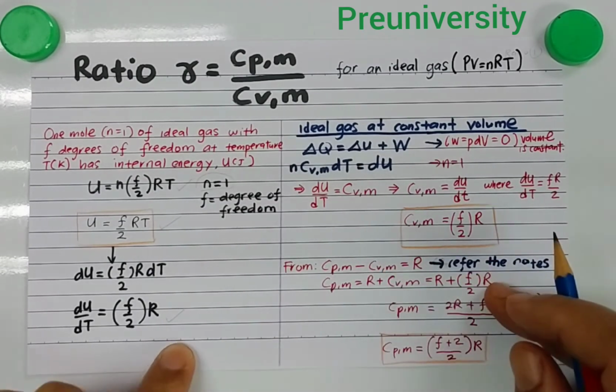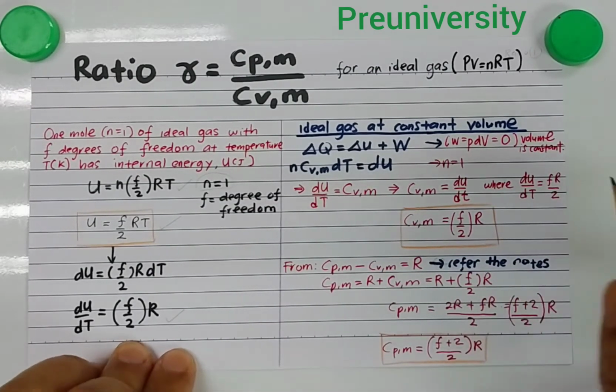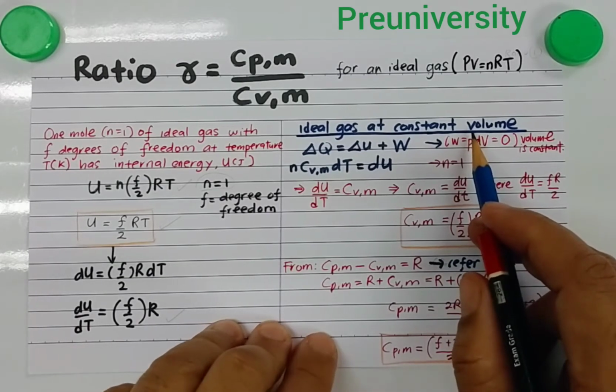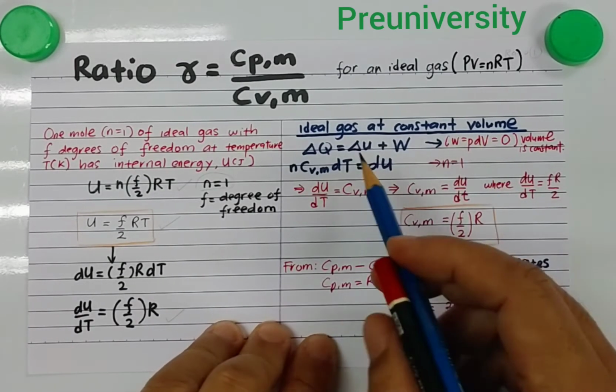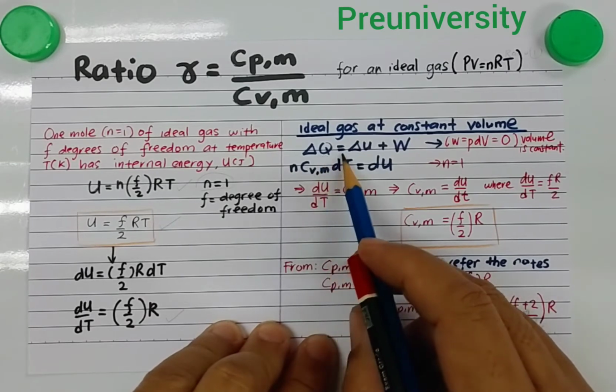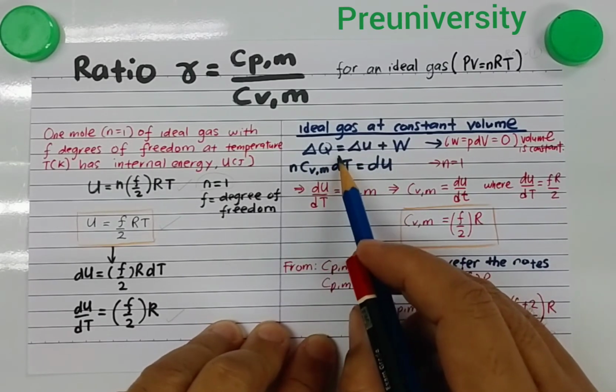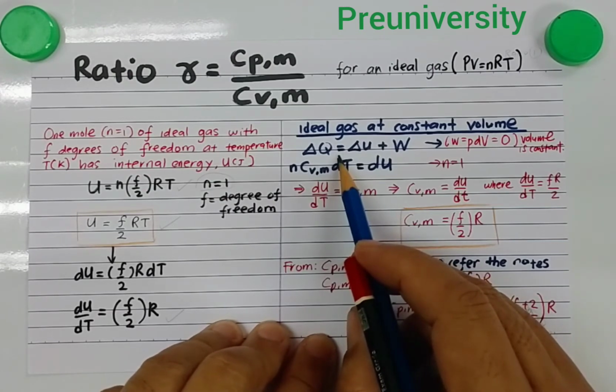So we continue with the ideal gas at constant volume. Delta Q is equal to delta U plus W. This is the equation of the first law of thermodynamics.